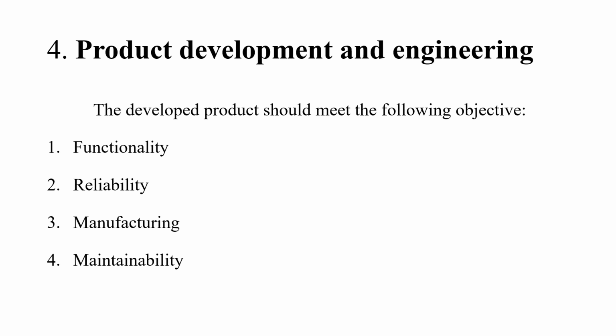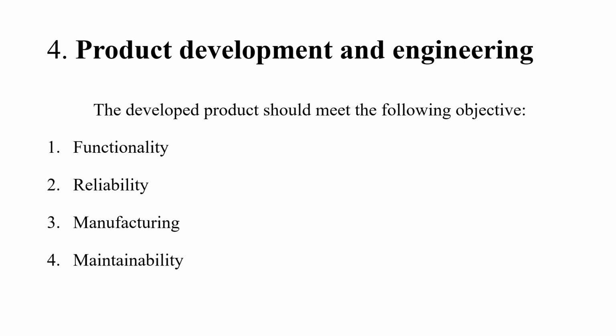Third one is manufacturing. The manufacturer should see that it should not increase the cost of the product. If we increase the cost of the product, then it automatically increases the price of the product. It leads to unsatisfied customers.